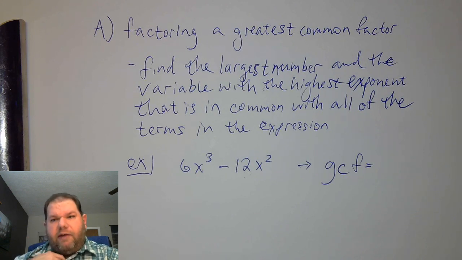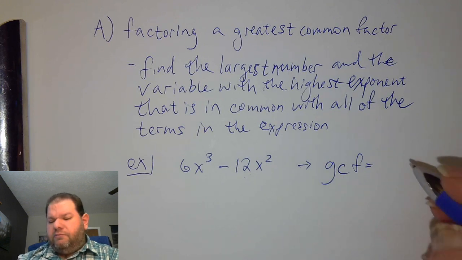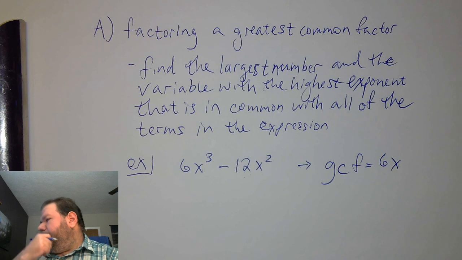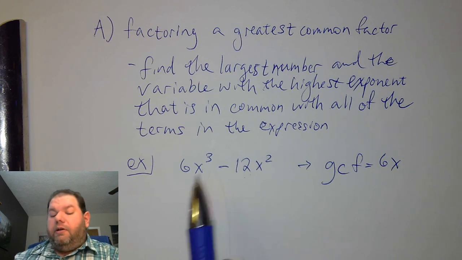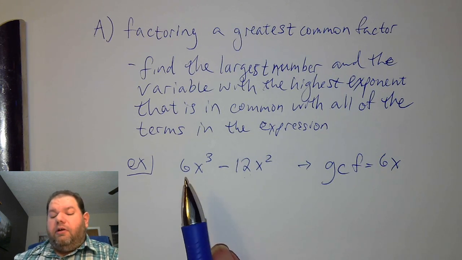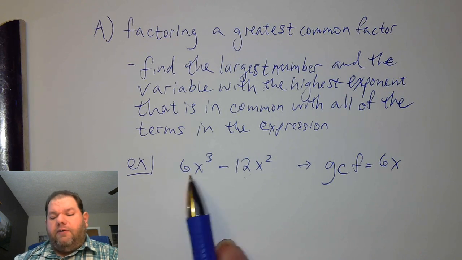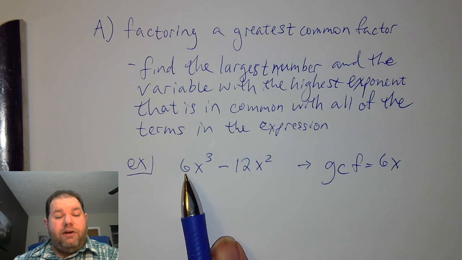Doesn't necessarily have to be these numbers, because in this case it happened to be what I chose. Okay. So 6 is a factor of both of these numbers, and that's the largest one we can pick because we can't go any bigger than this one.